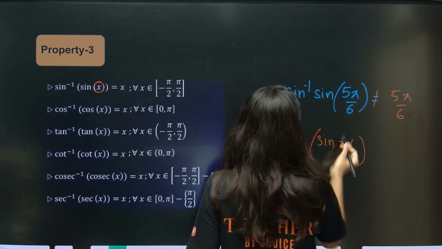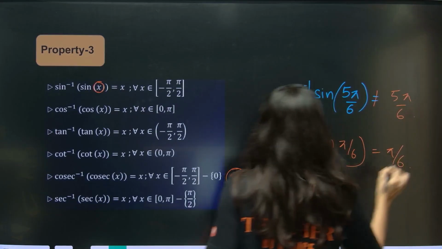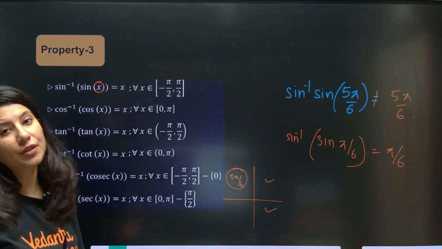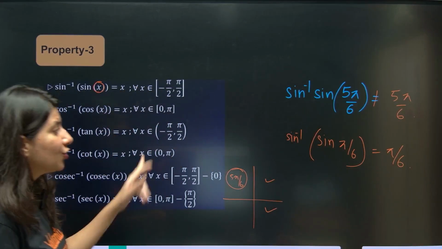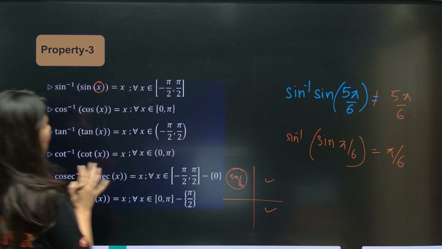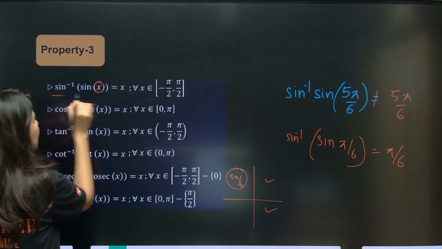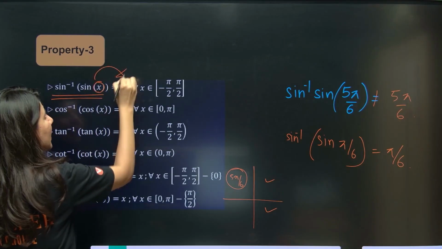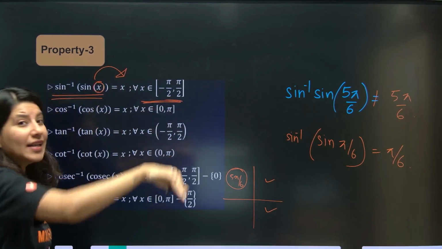And now you can write it as pi by 6, because the output here should lie between minus pi by 2 to plus pi by 2. Sine inverse sine x will give you x if your x is already in range.